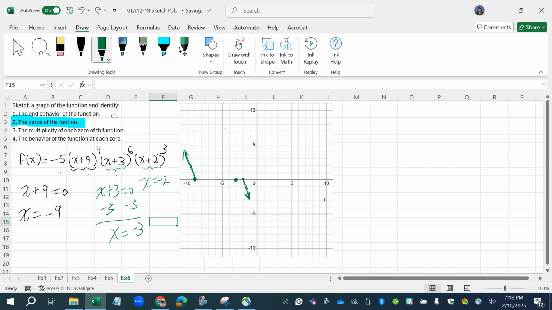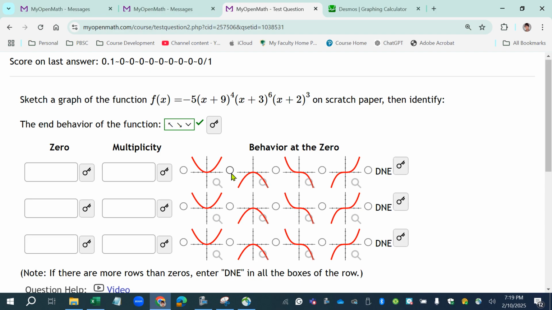In order to answer what the behavior is at each 0, we have another step, which is to note the multiplicity of each 0. Previously we found each 0: negative 9, negative 3, and negative 2. Those were the 3 zeros of the function. Now let's talk about the multiplicity at each one.